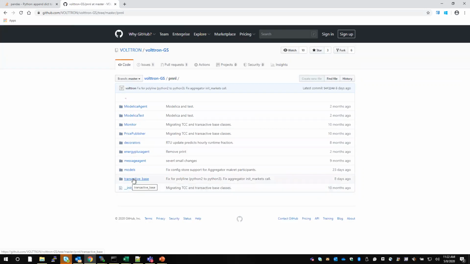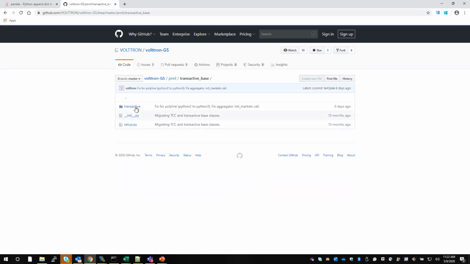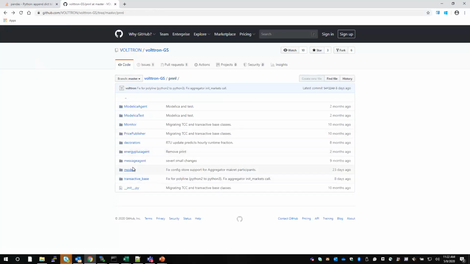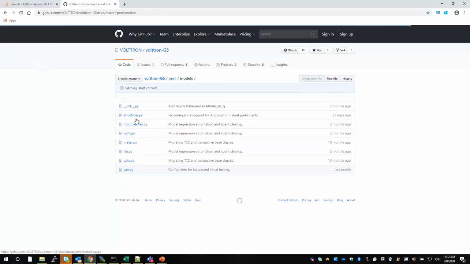These market agents are built out of two main components. They are built on a base class, which is here. This is the transactive base class. It handles most of the input output and market interactions. And they're also built around a model. We've put in a pretty extensible model structure.